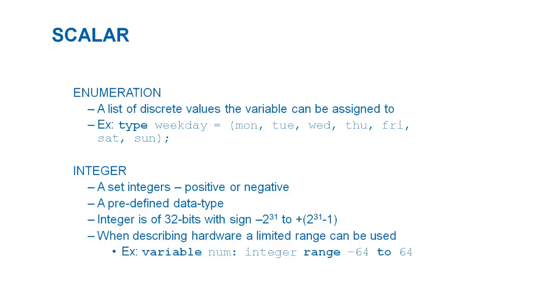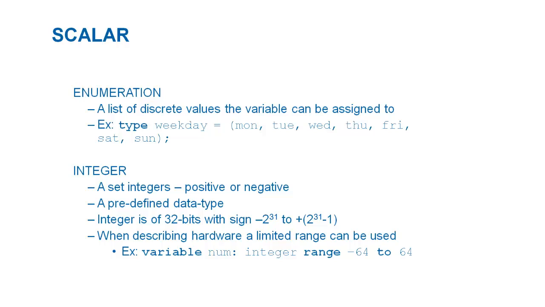This also means that the implementation can take a lot of resources. To avoid that, when you know the limits or the range of the particular integer that you would like to use, it's possible to actually range it, or to limit the possible values of this particular variable or signal that you're creating, even though it's an integer.